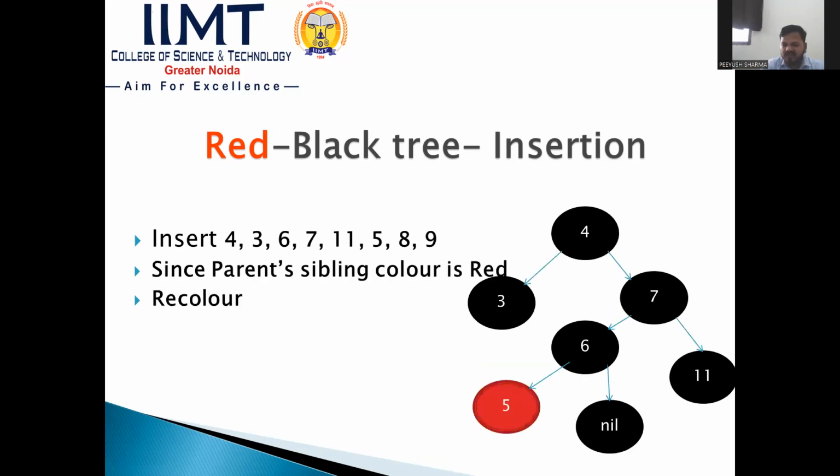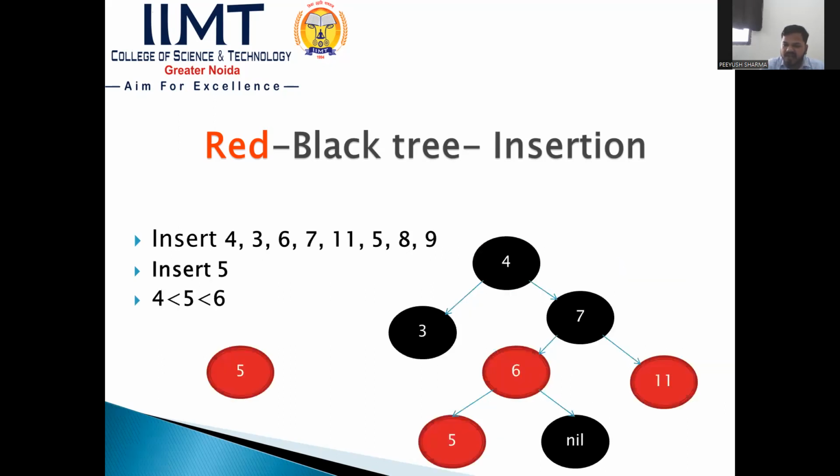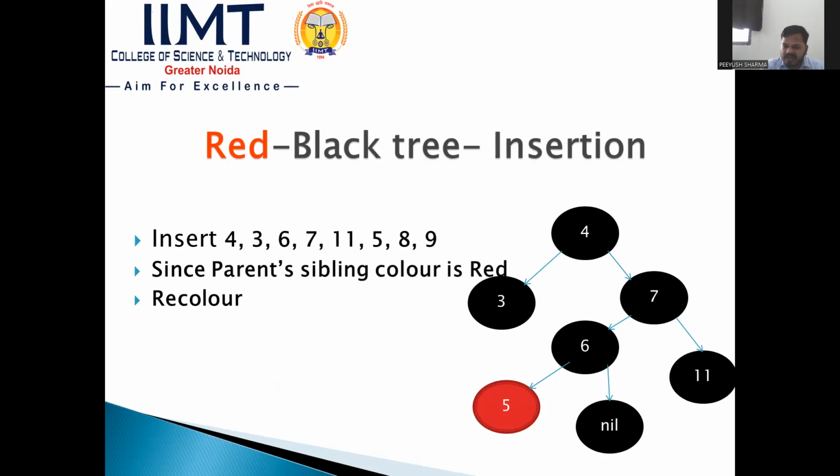So here we recolor our parent node. But when we recolor the parent node, we see that the number of black nodes in each and every path is not the same, right? So when we recolor the parent node, we also check the parent's parent node, which is of black color.